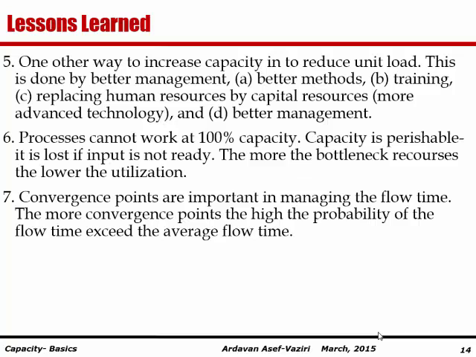Processes cannot work at 100% capacity. Capacity is a perishable product. It is lost if input is not ready. The more bottleneck resources, the lower the utilization, the lower the capacity, the probability that we achieve a high utilization.